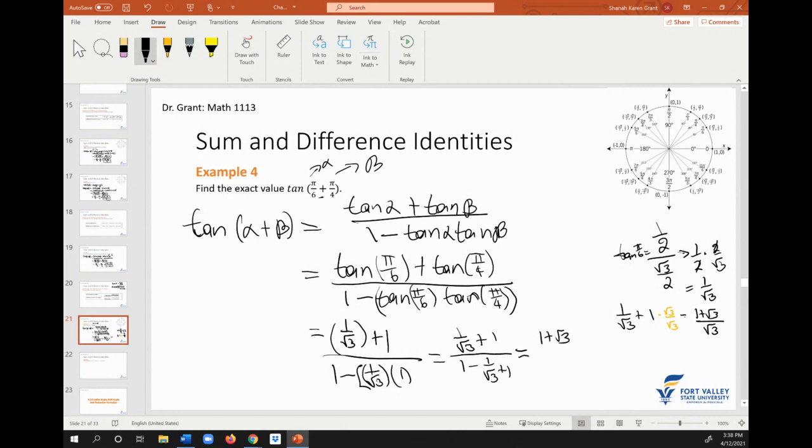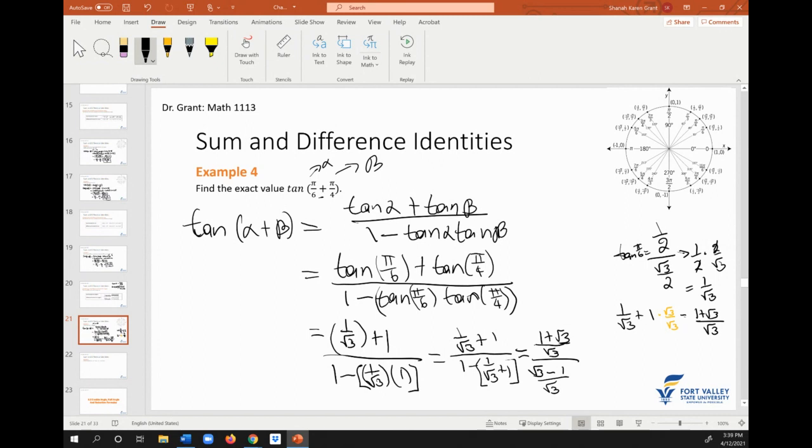One plus root 3. And in a similar fashion, my denominator is going to be root 3 minus 1 over root 3. Remember that this was in brackets, so we would have to simplify that.